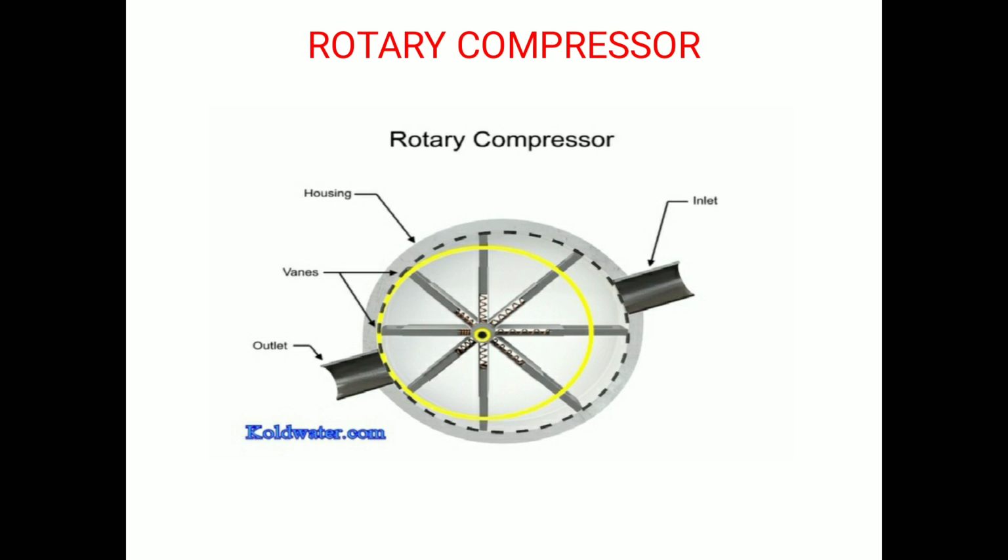So the next one is a rotary compressor. In a rotary compressor, the vapor refrigerant from the evaporator is compressed due to the movement of blades. You can see the blades here, right over there.